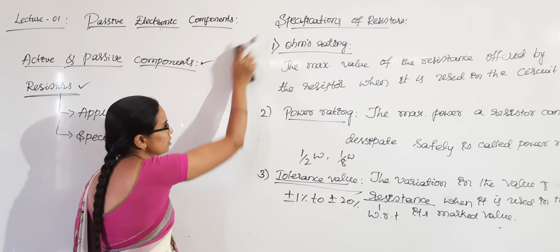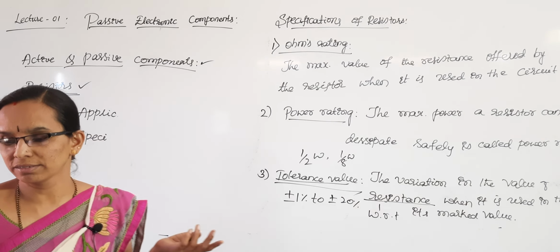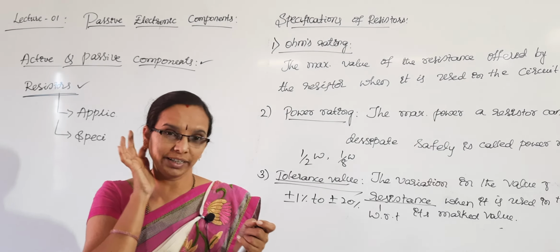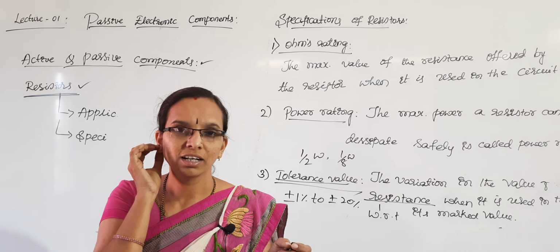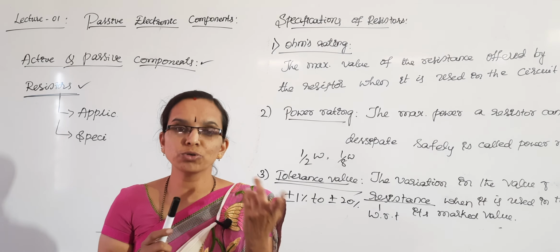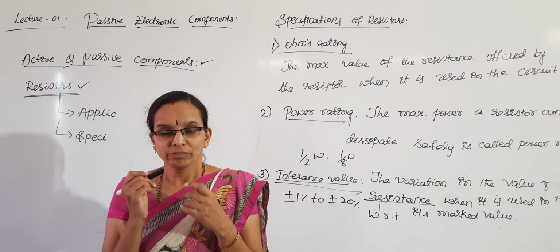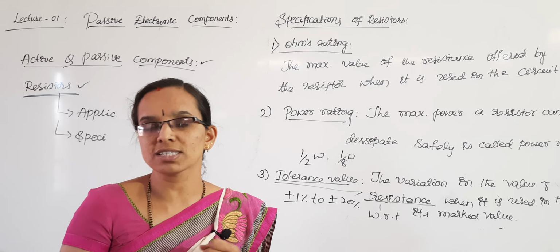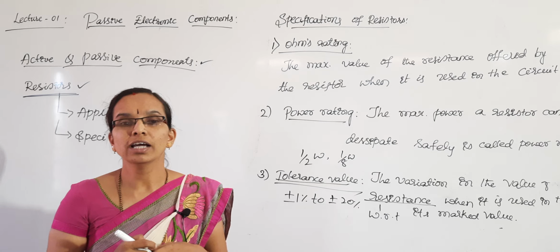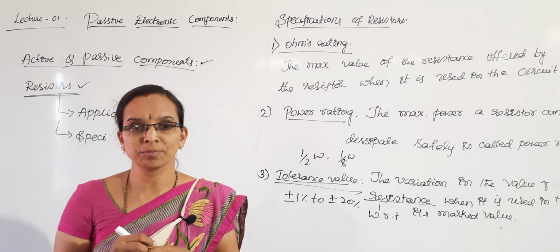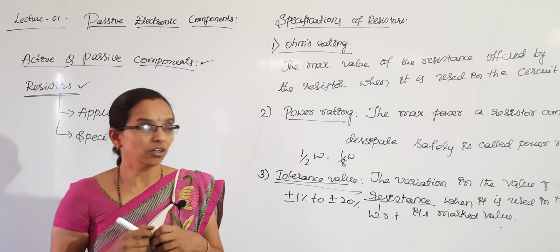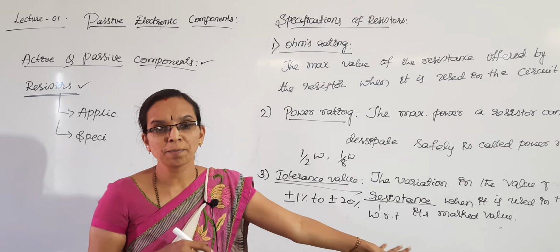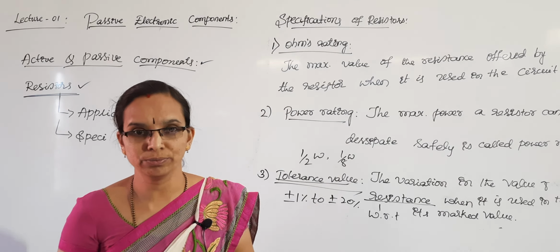How much has it varied? 2%. You want to get 100, but it is giving only 98, that means 2%. A 1 kilo ohm resistor you bought and connected in the circuit is possessing only 980 ohm, so the tolerance value is varying by 2%, right. In the same way, tolerance value is the variation in the value of resistance with respect to the marked value.